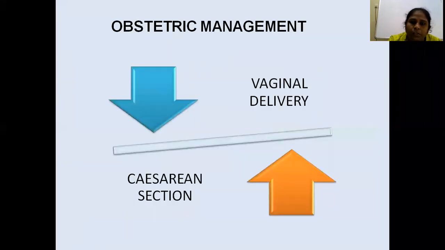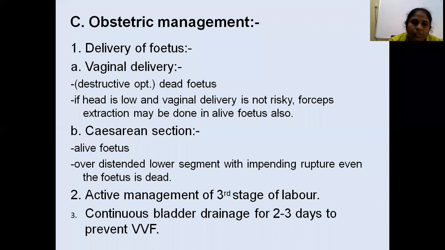After the immediate management and general management, the main thing is the obstetric management. Either you go for a vaginal delivery or a cesarean section based upon the situation.